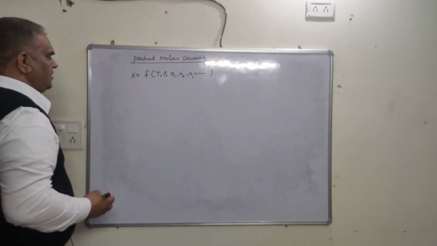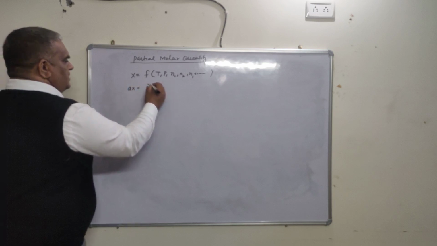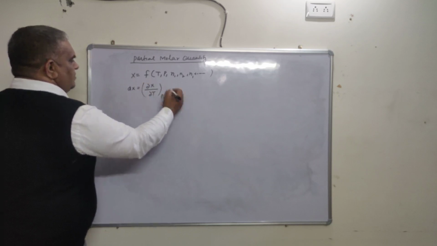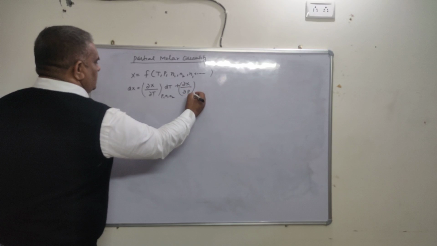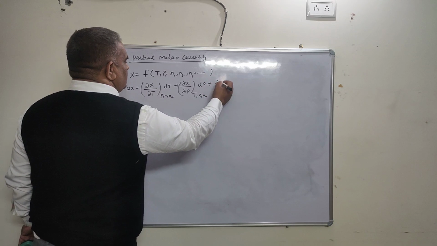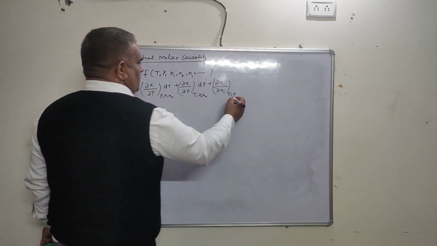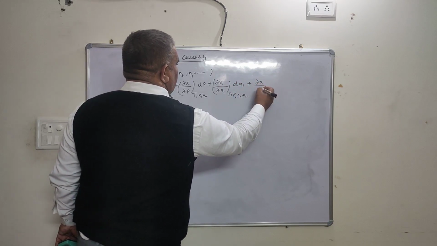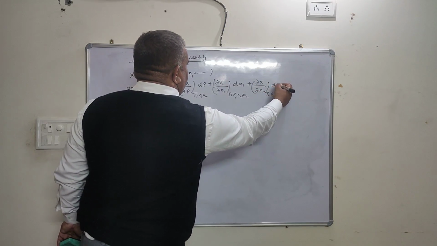For a small change in the property, by partial differentiation, dX equals (∂X/∂T) at constant pressure, N1, N2, dT, plus (∂X/∂P) at constant temperature, N1, N2, dP, plus (∂X/∂N1) at constant temperature, pressure, N2, N3, dN1, plus (∂X/∂N2) at constant temperature, pressure, N1, N3, dN2.